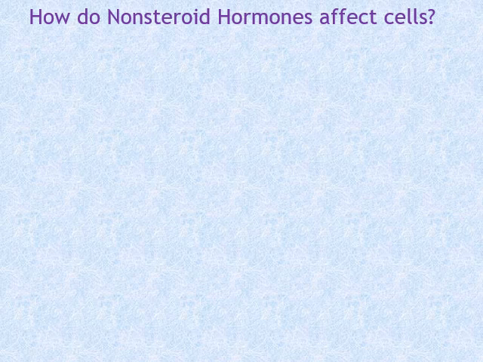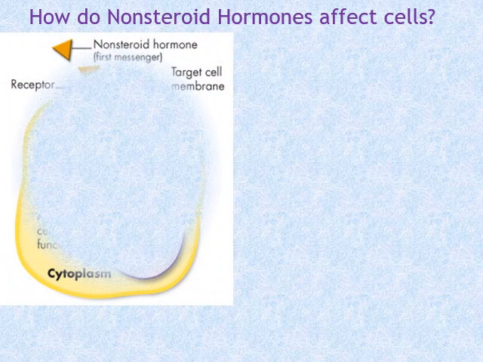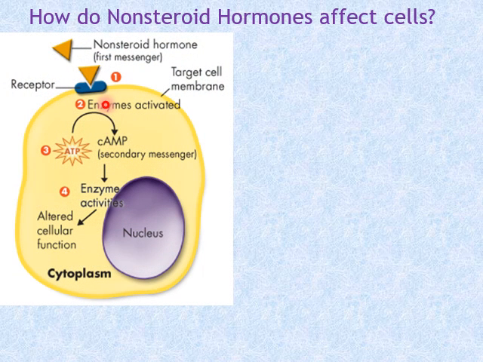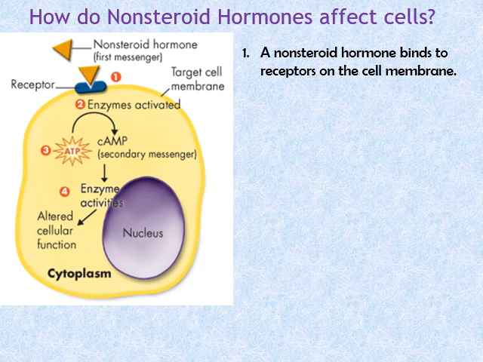How do non-steroid hormones affect cells? The diagram on the left here illustrates the functioning of non-steroid hormones. So, how do they work? A non-steroid hormone binds to receptors on the cell membrane. Here, as you can see, non-steroid hormone, which is the first messenger, binds to receptor on the cell's surface membrane.